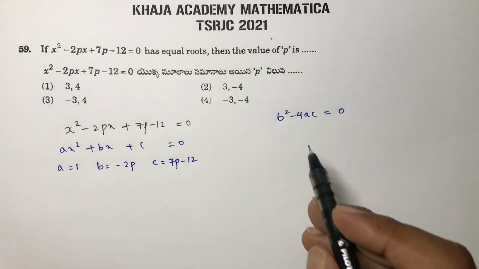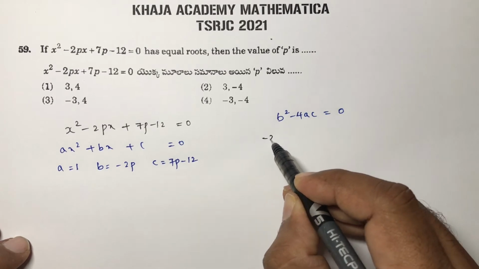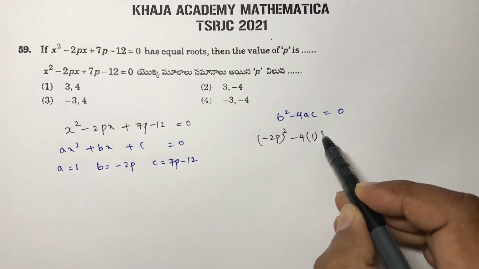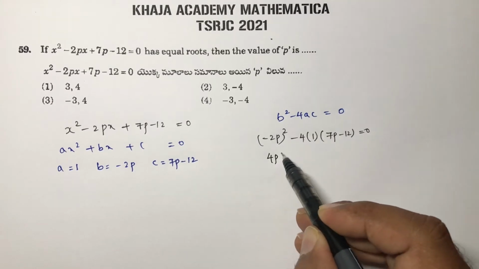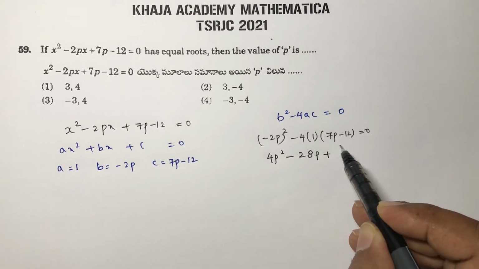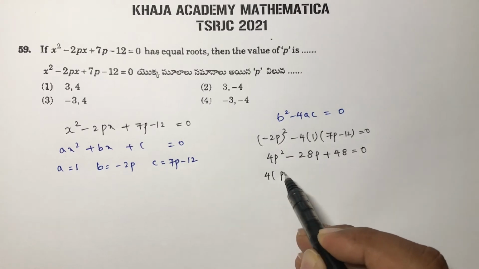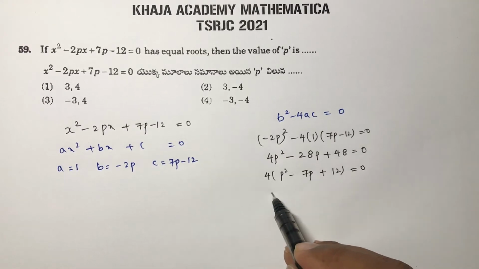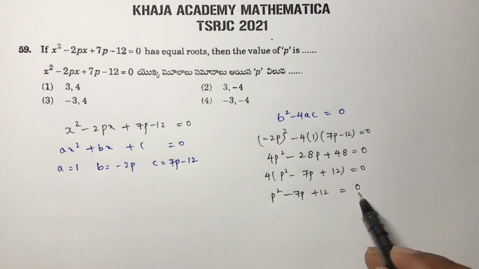So substitute all these values in the discriminant, because if roots are equal, discriminant is 0. (minus 2p) whole square minus 4 into a is 1, c is 7p minus 12. This is 4p square minus 28p plus 48. If we take 4 common, p square minus 7p plus 12 equals 0 by 4, which is 0.